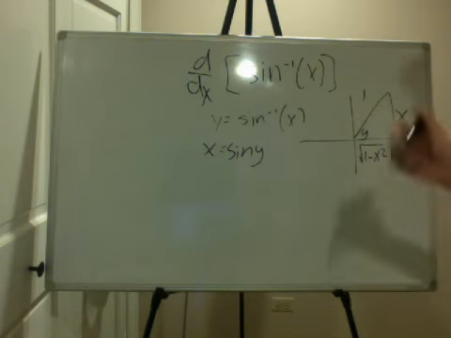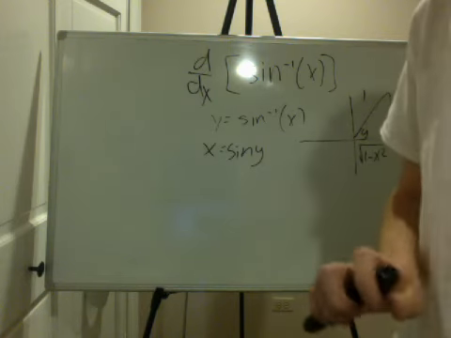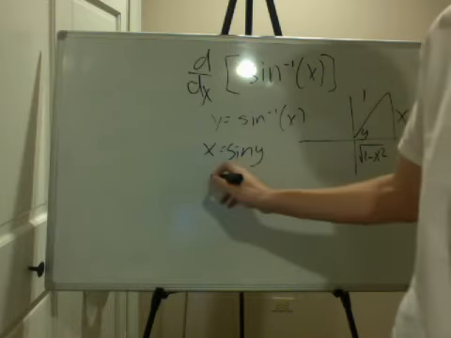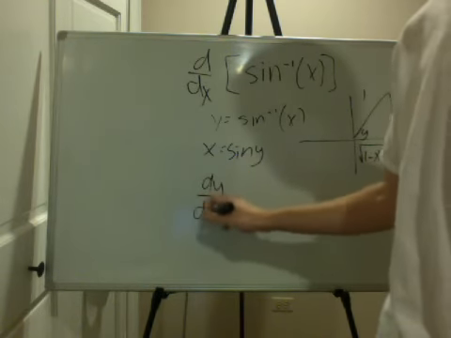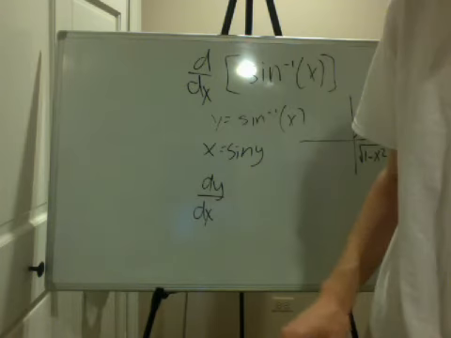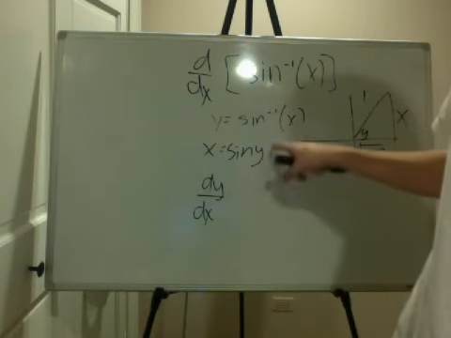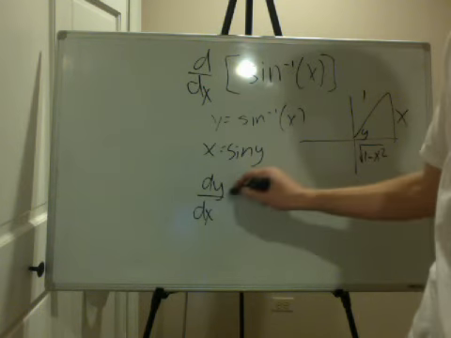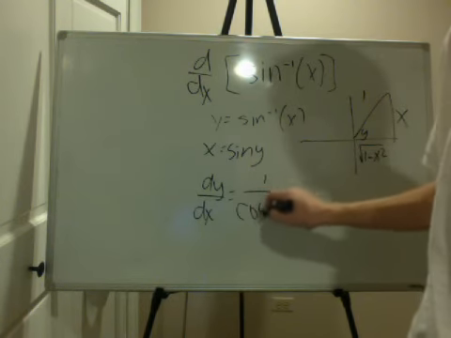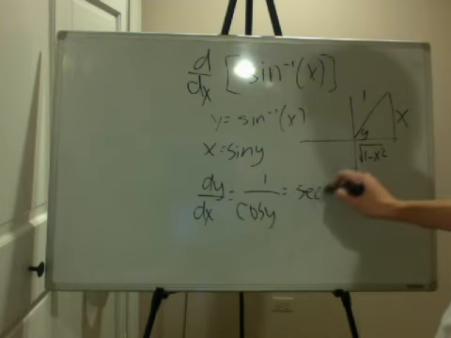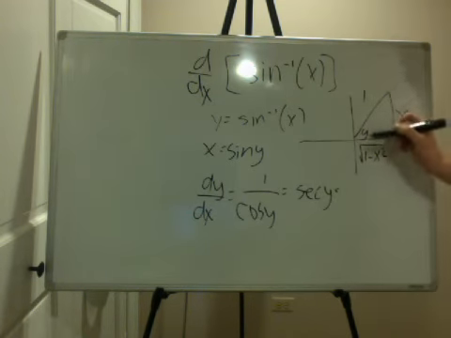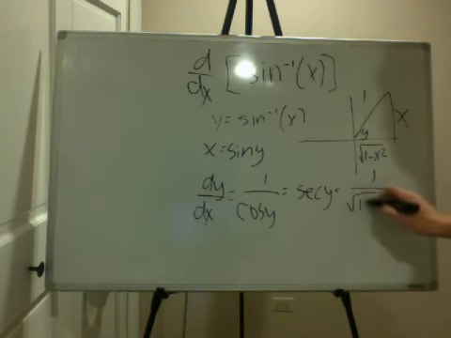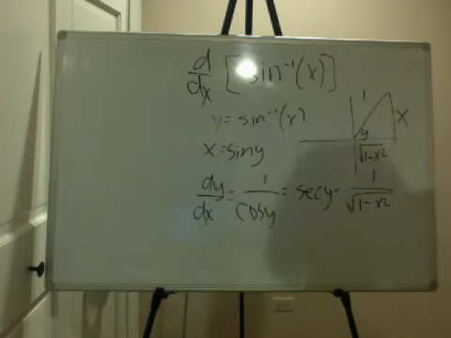Then dy/dx is 1 over cosine y, which is the same thing as secant y. Secant is hypotenuse over adjacent, so you end up with 1 over the square root of 1 minus x squared.